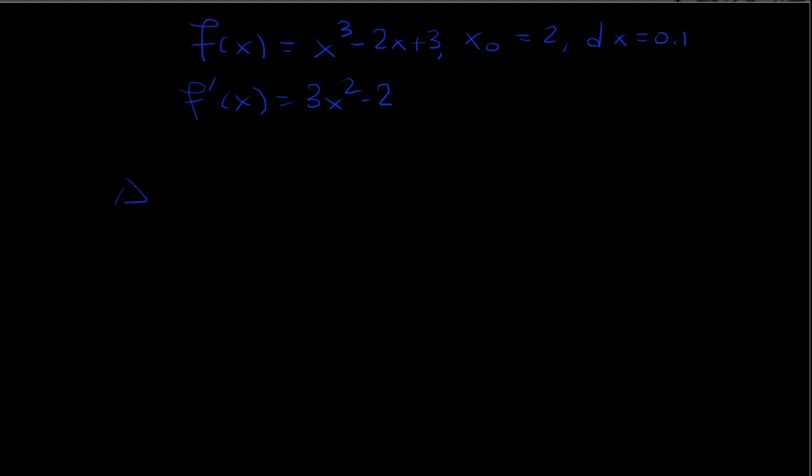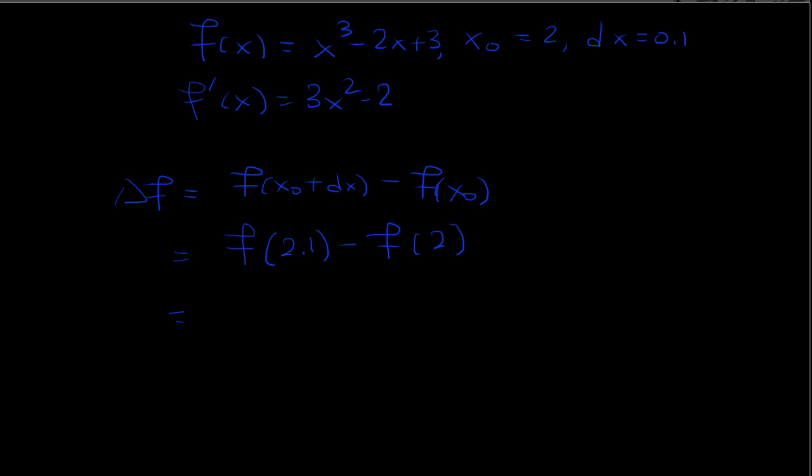The change delta f will be f of x naught plus dx minus f of x naught. So x naught is 2, dx is 0.1, so that would be 2.1. Plugging this in the calculator, you get 1.061 as the change.